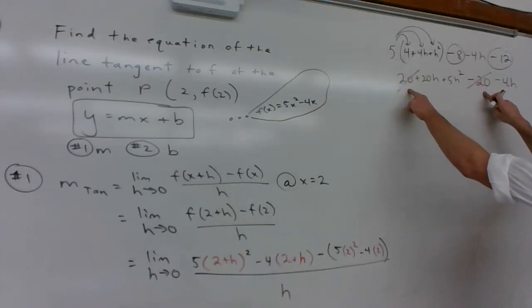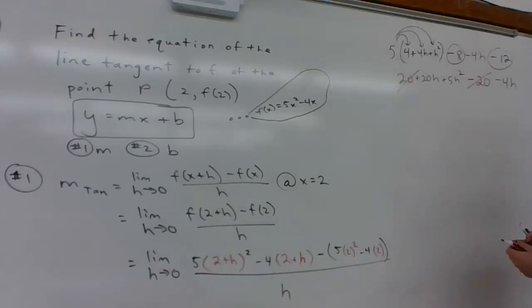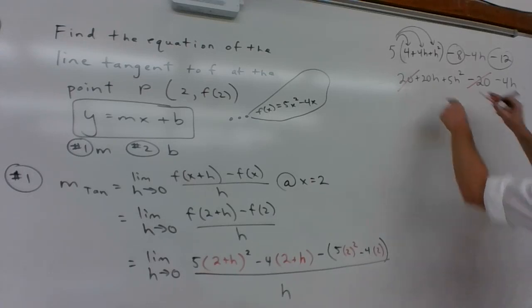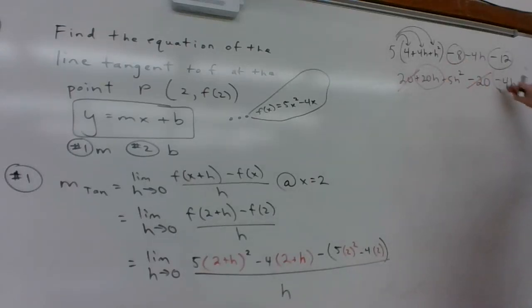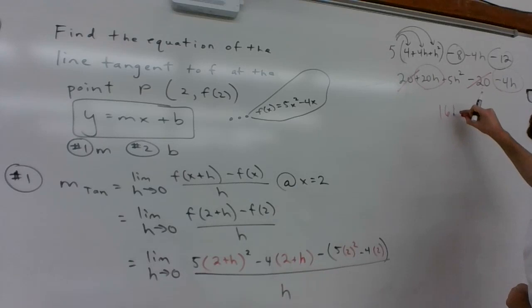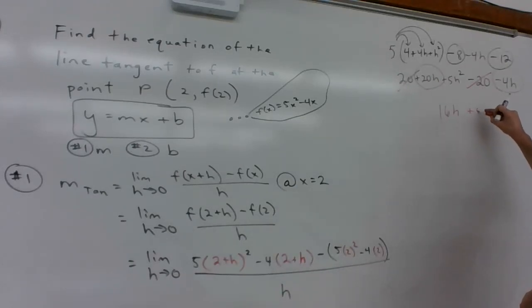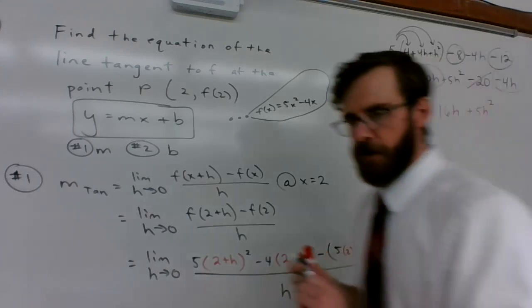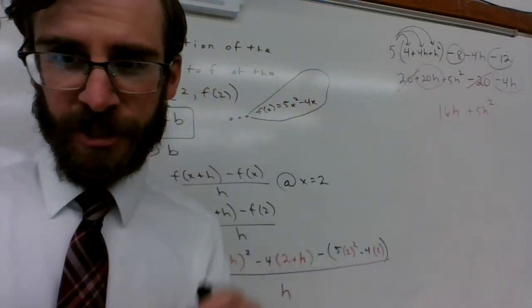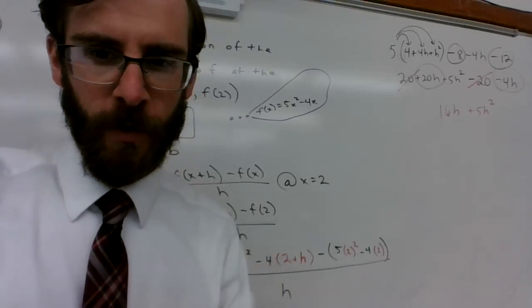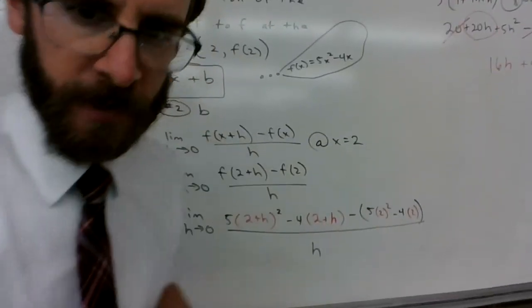Minus 20 is 0. 20h minus 4h is 16h. All right, so everything on the top part right there should be 16h plus 5h squared. So I'm going to put that below.